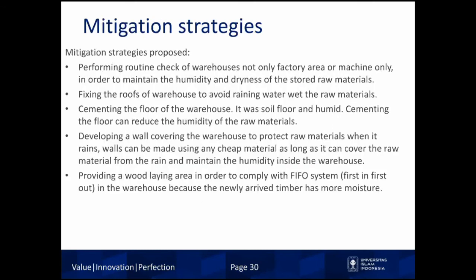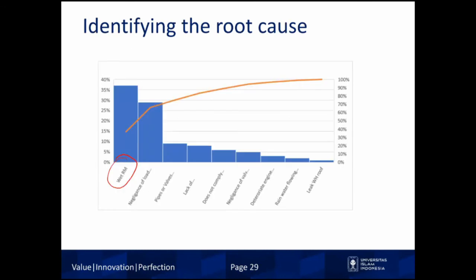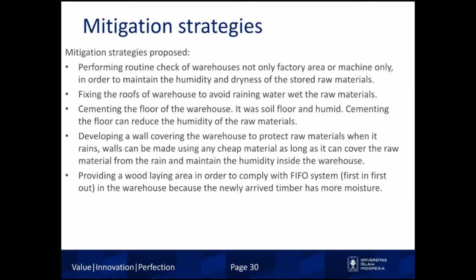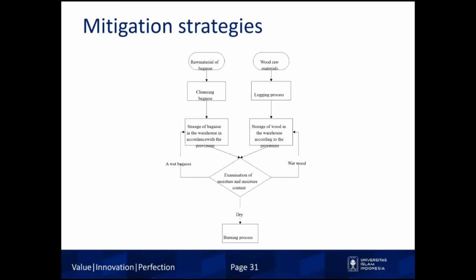And after we found the root cause, we propose some mitigation strategies. If you can see that, okay. You can pause this video to see more detail on the mitigation strategy. This is also the mitigation strategy. Yeah.